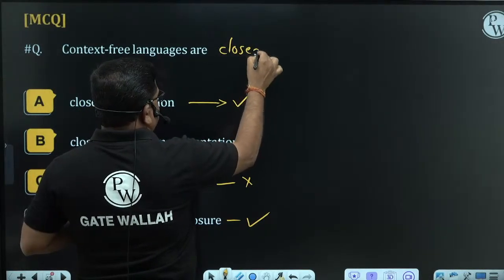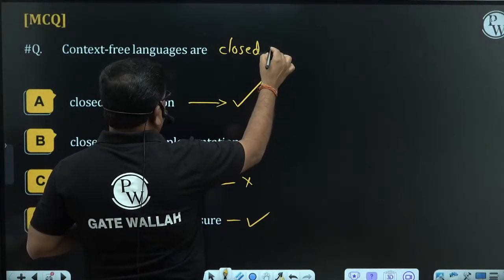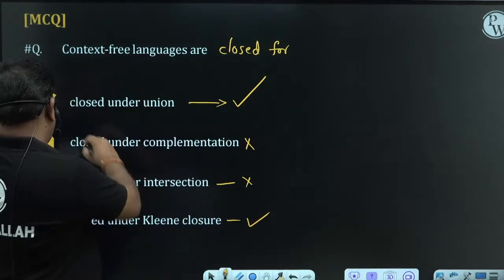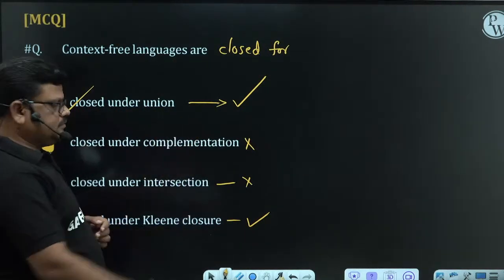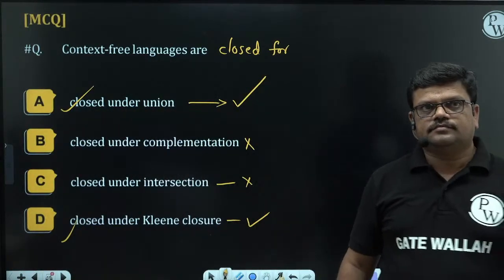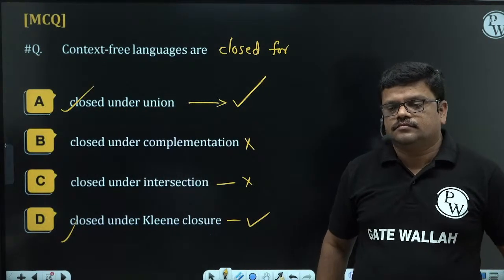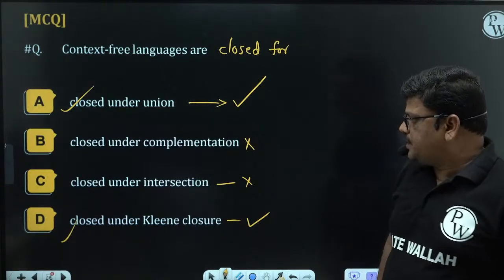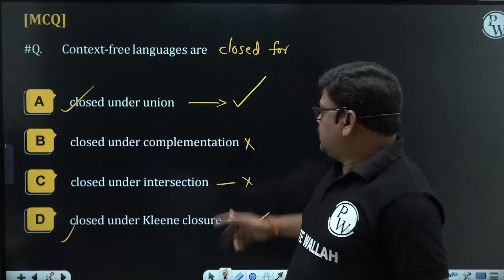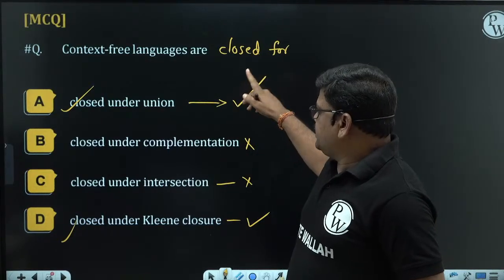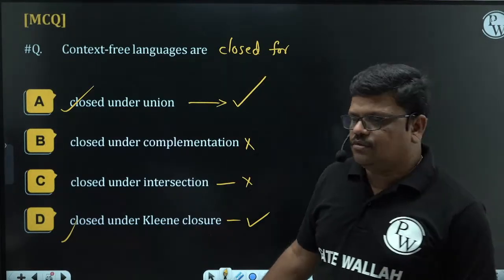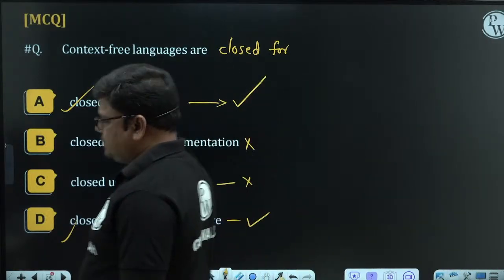If the question is which operations context free languages are closed under, A and D are the answers: closed under union, closed under Kleene closure. If the question is about not closed, B and C. MSQ questions can be asked like this.